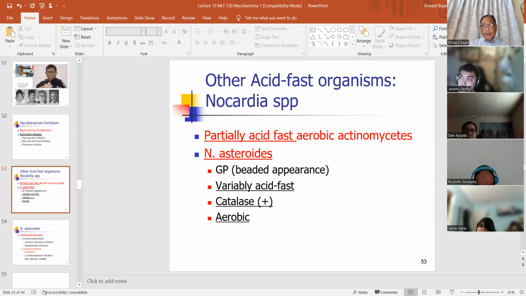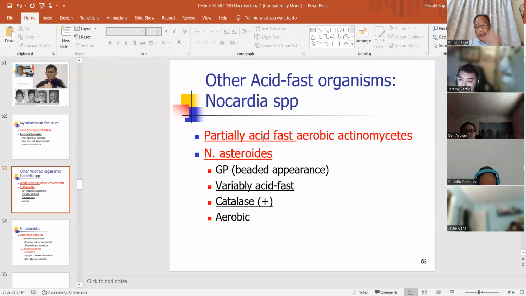Okay, so that's Mycobacterium. The next organism is Nocardia. And the reason why Nocardia is in this lecture is because it's partially acid fast. That's a key word that you need to know and learn to recognize. Because on your board exam, if you see the words partially acid fast, right away you need to think Nocardia, okay?